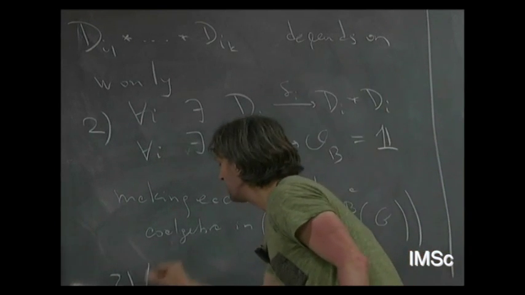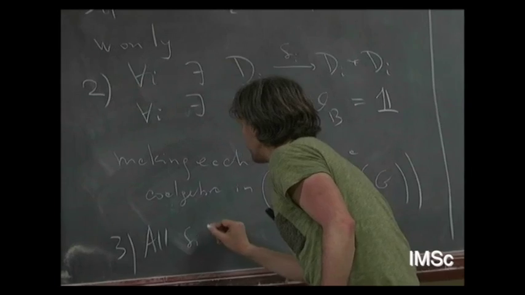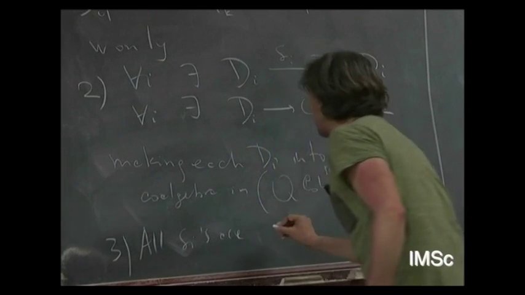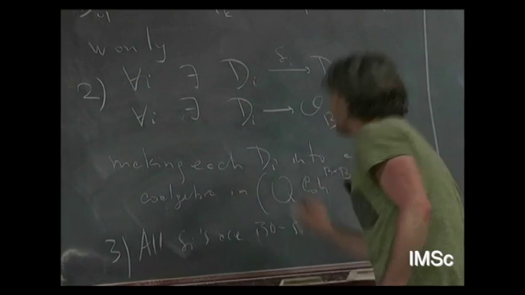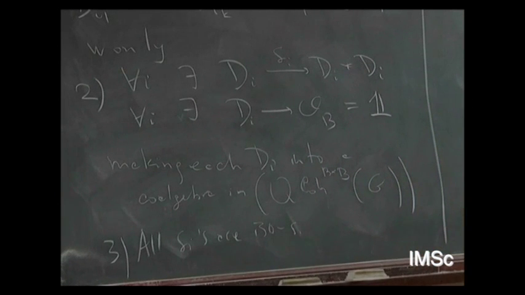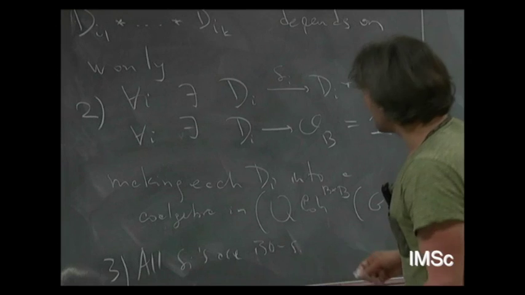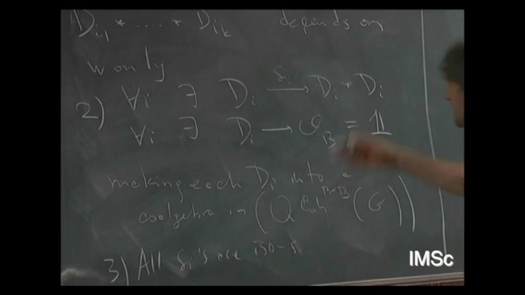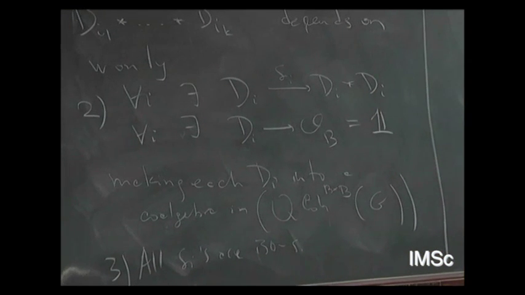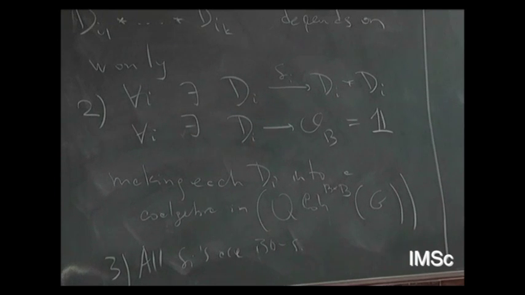So all delta_i's are isomorphisms. So somehow I constructed a collection of objects which satisfy, up to isomorphism, a very recognizable set of relations.